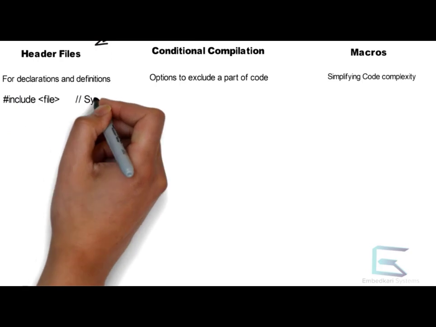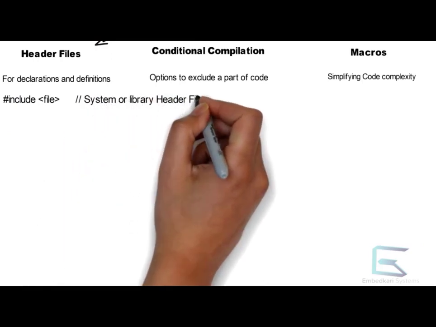So in the header file, as I told you, this symbol is what the preprocessor directive looks for, whether it is for including the file, for macros, conditional compiling, or pragmas, which we will discuss later.